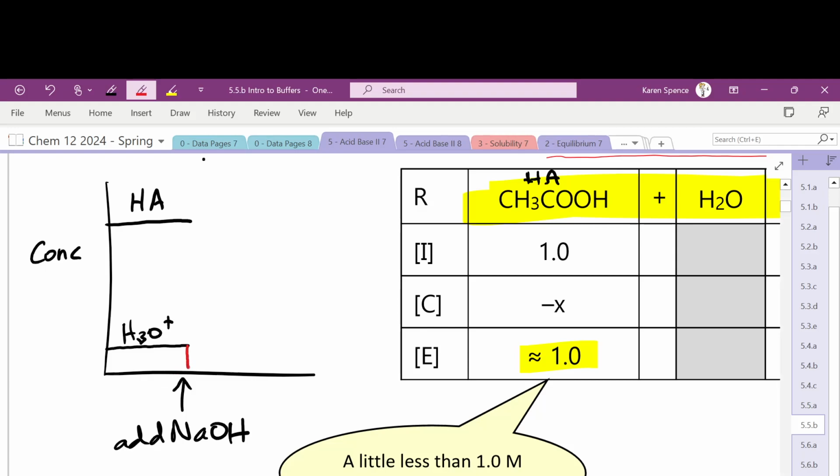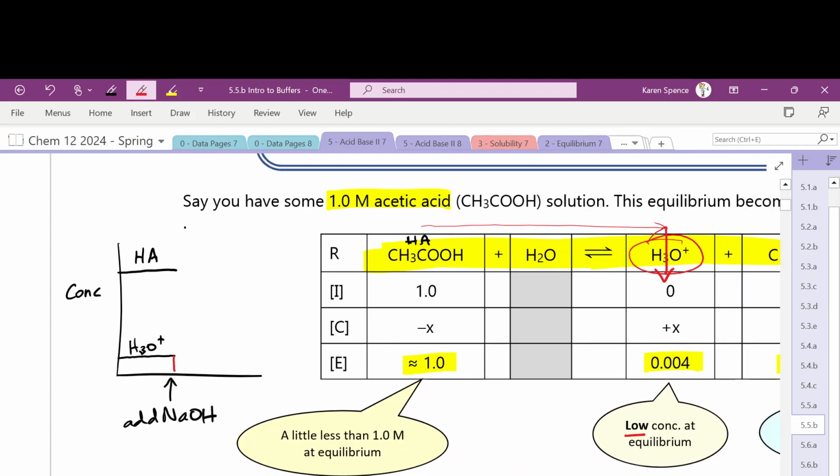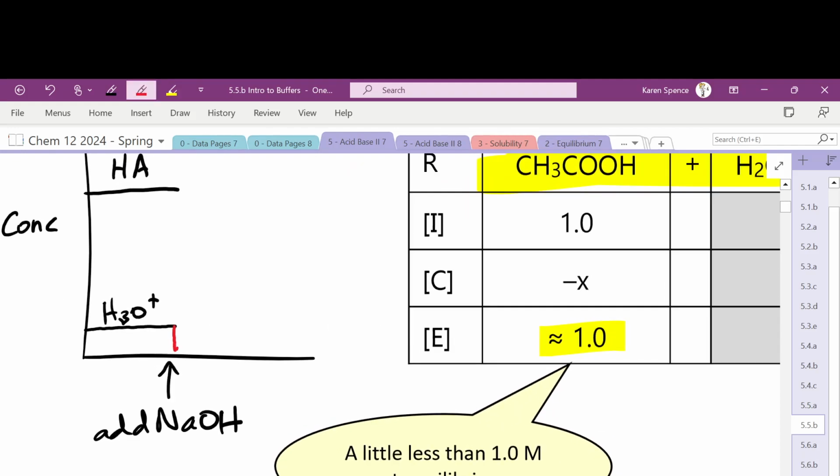It spikes downward, yeah? And then the system shifts to the right. As it shifts to the right, what happens to the concentration of H3O plus? It goes back up. Does it get to quite its original value? No, but it's pretty close, right? Okay. And what happens to the concentration of HA? It decreases by the same amount because it's 1:1, okay? There we go.